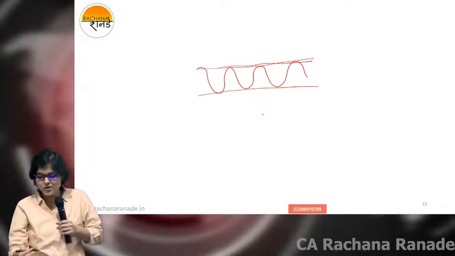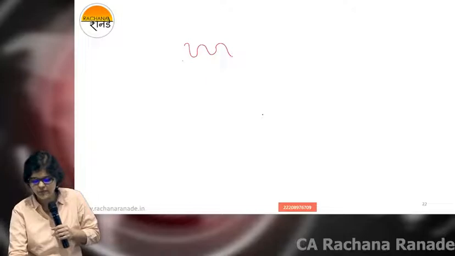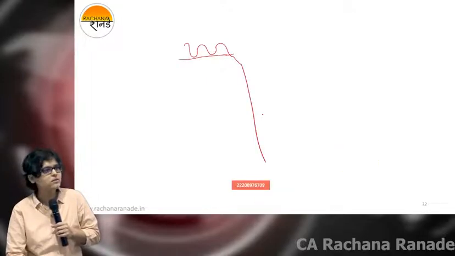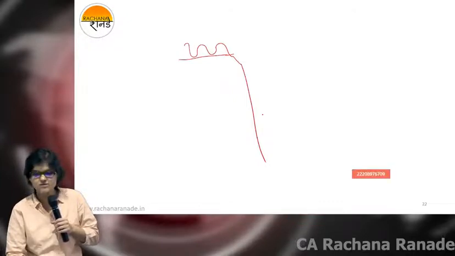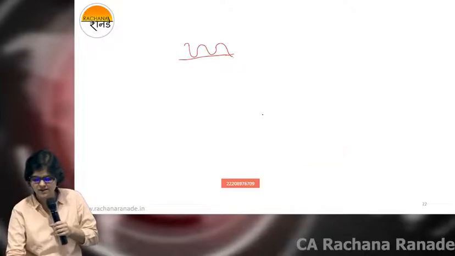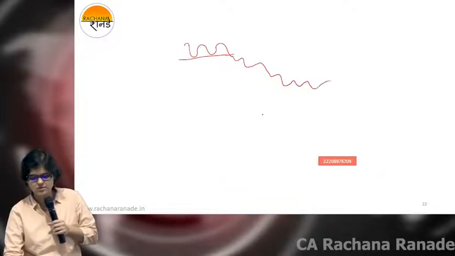Okay. So is there a necessity that there has to be only one support? No. So if 1, 2, 3 happens, it breaks here. Is it going to go straight down like this? Not necessary. That would be like a dead fall. This will not happen generally. So it will be like a lower low, and maybe again this. So now it has gone sideways.